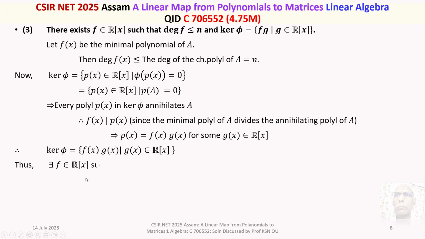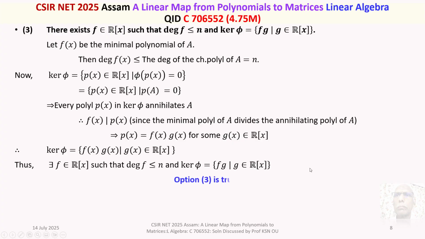Agreed. So thus there exists an f belongs to R of x, which is none other than the minimal polynomial of A, such that the degree of f is less than or equal to n, and the kernel consists of all the products fg where g belongs to R of x.